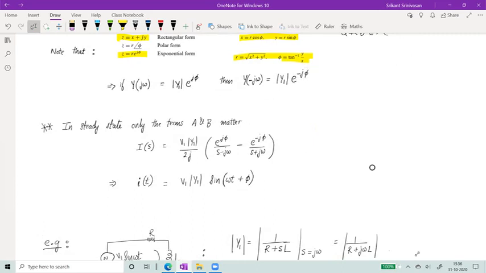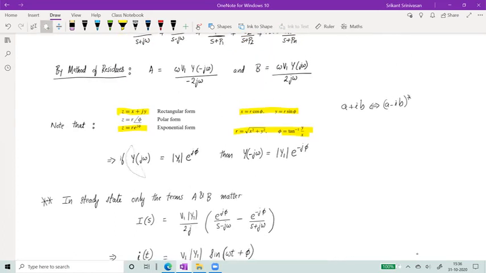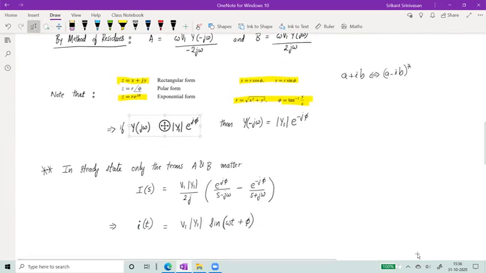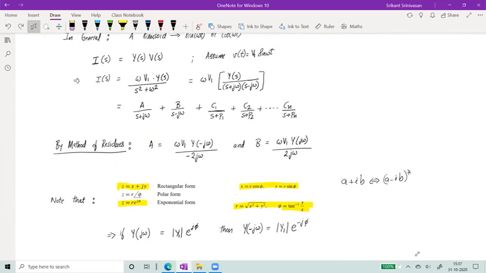Now if I want to continue with my solution, then I could write that if I'm putting y of j omega as some magnitude into phase term, then I can bring the magnitude out. Both of them have the same magnitude, right? y1 mod y1. So this is common. So now I can simplify the expression saying it is v1 into magnitude of y1 by 2j. Remember the expression I'm dealing with is here. This is the expression I'm dealing with.